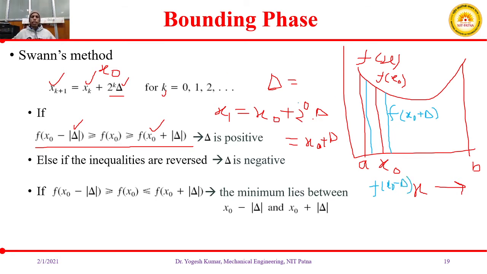For clarity, I have drawn these values. This is fx0 minus delta, this is fx0 plus delta, and this is your fx0. Okay, so here we can see this condition is getting satisfied: fx0 minus delta is greater than or equal to fx0 is greater than or equal to fx0 plus delta.